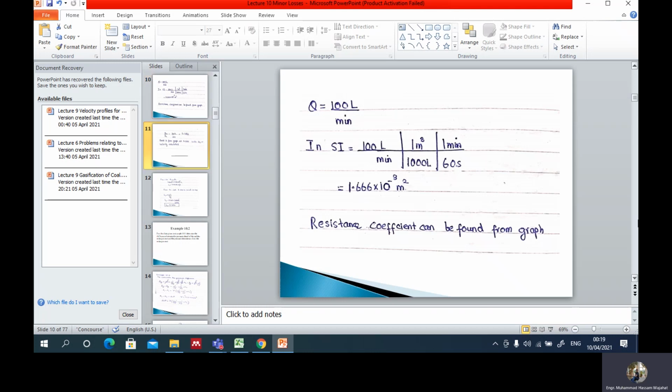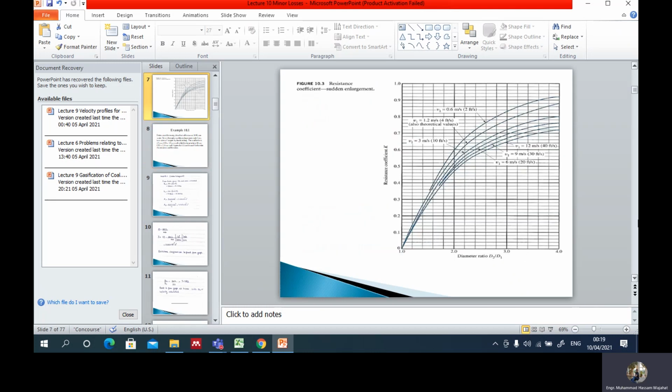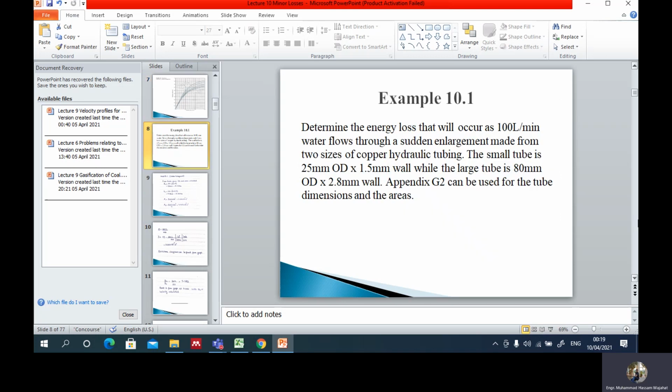The resistance coefficient can be found out by this graph. We know that by graph, the ratio of d2 upon d1 can be taken directly from here. The bigger diameter was 80 millimeter, smaller diameter was 25 millimeter.